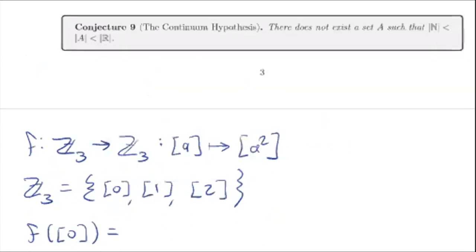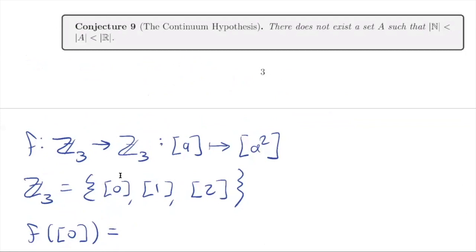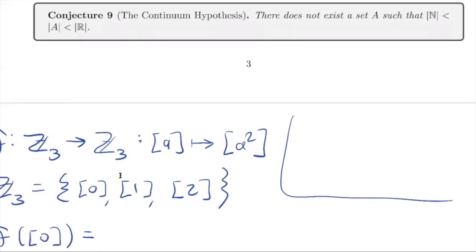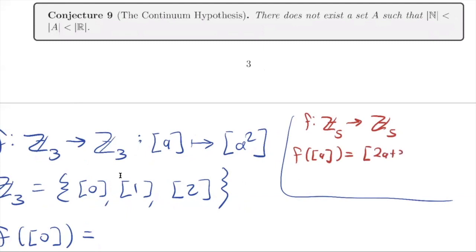So question 1, write it up here, is trying to show that we've got this map F, which is going from Z5 into Z5, which is defined by saying F of a is equal to 2a plus 3.